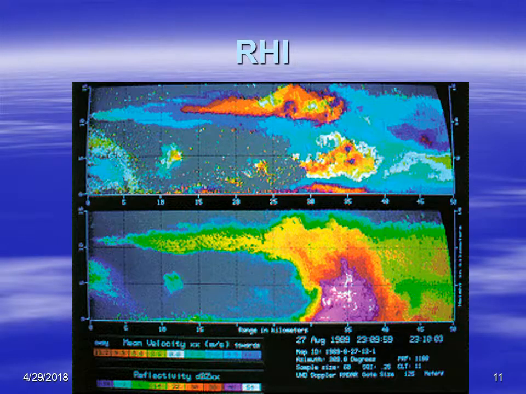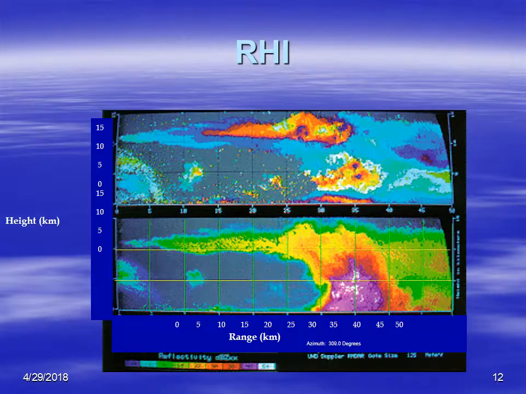So here's an example of an RHI, and I think this is from the University of North Dakota radar. I'm not exactly sure where this is, but that looks just like a thunderstorm. And you can see they're doing a cross section or a slice through it. The bottom picture indicates reflectivity, and the top is indicating the velocities. So this is a Doppler radar, and it shows up pretty well the intensity of the hail shaft, and you can also see the anvil of this thunderstorm.